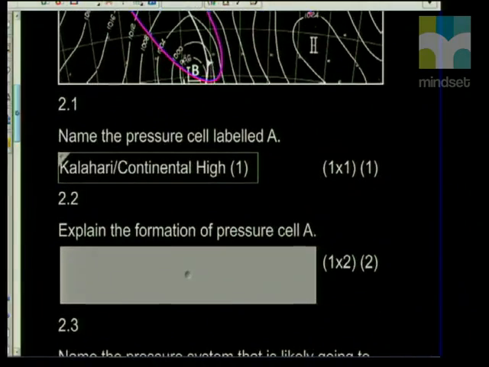All right, let's look at the next one. Explain the formation of pressure cell A. You know already, it's associated with cold air subsiding down towards the earth, creating a high pressure system. It works for any high pressure system.